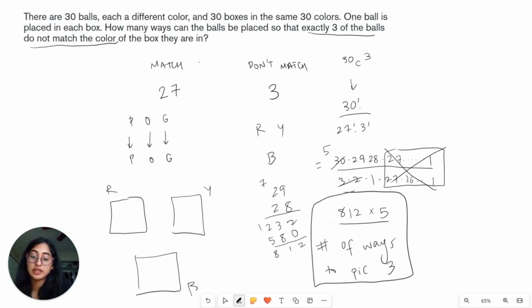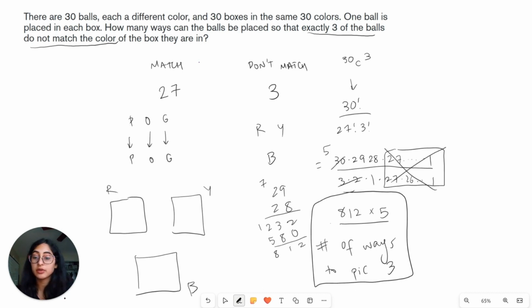Then we have to take the red, yellow, and blue balls and rearrange them in here so that they don't match the colors, because that's what the question is asking. So we're going to start with that red ball. We're going to pick somewhere for that red ball to go, and then based off of that, determine how many ways there are for the blue and yellow ball.